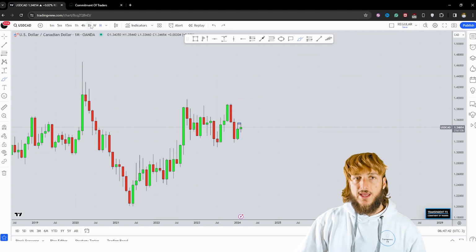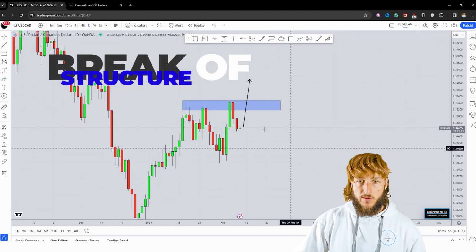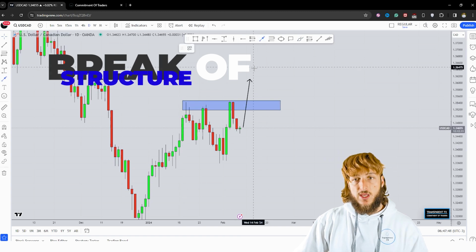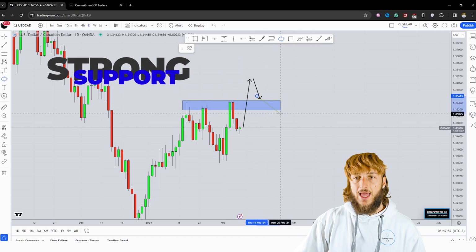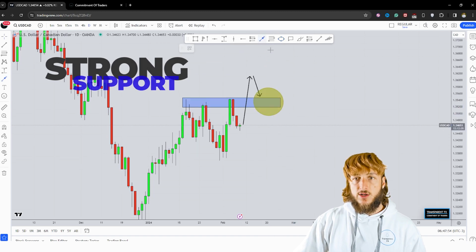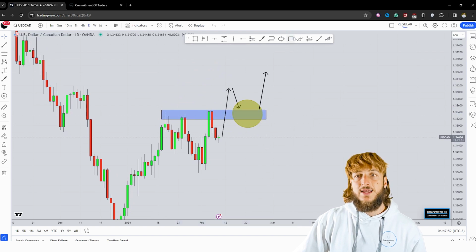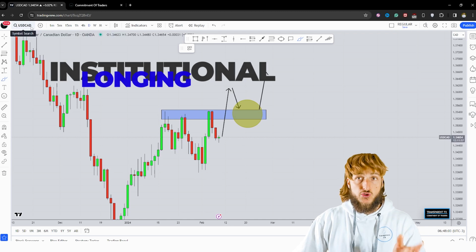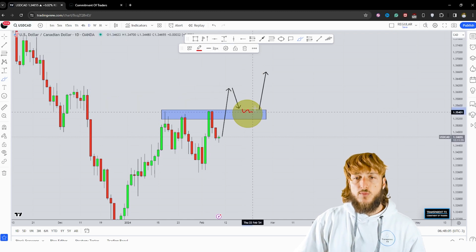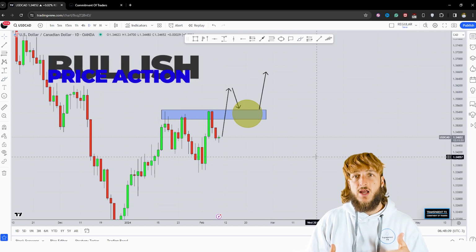So things would get very interesting if we get a potential break above this previous high, because if we get the break, this previous resistance would become support. And at that point, instead of this previous resistance turn support, there is good probability of getting finally some institutional longing of USDCAD, so shorting of the CAD, which at that point would further increase the probabilities of a potential rejection to the upside away from this level.